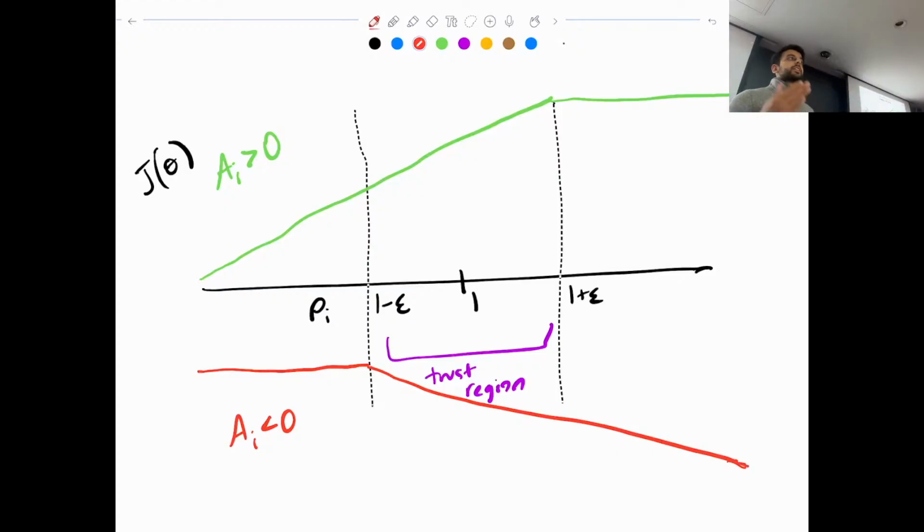So just to be clear, why are we continuing to decline over here in this part of the plot? Any ideas? Why do we want to continue to update our model to lower the probability of this token if our policy ratio is greater than 1 plus epsilon?